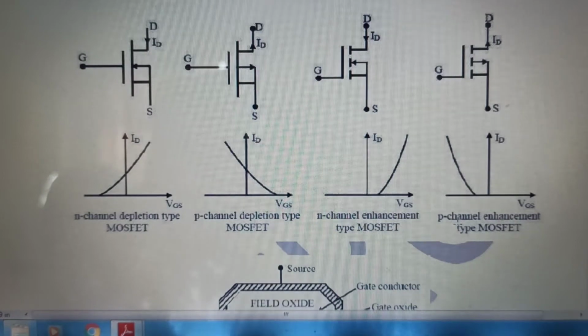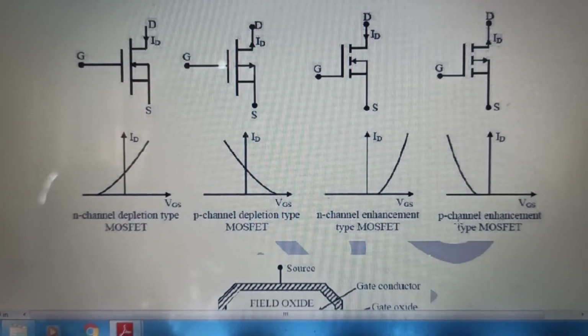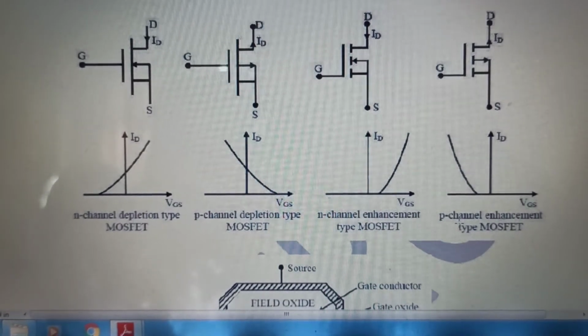In a depletion type, the conduction flows when the channel is depleted, and the channel length decreases.